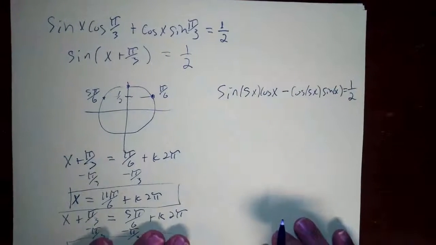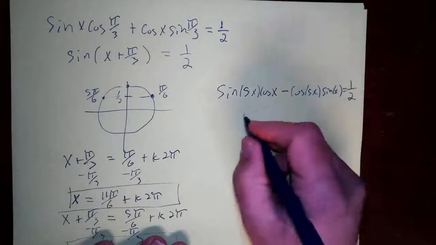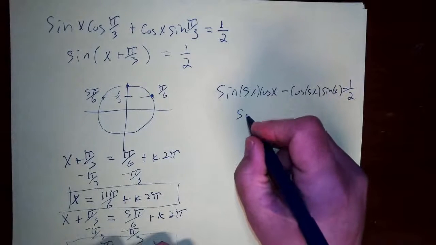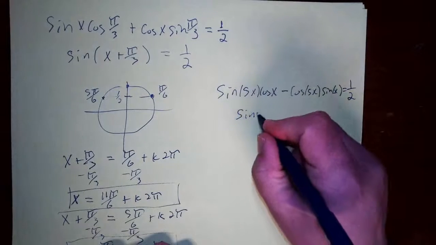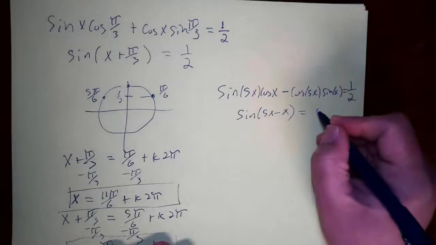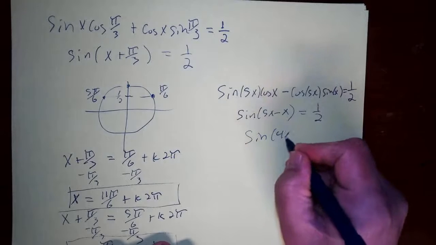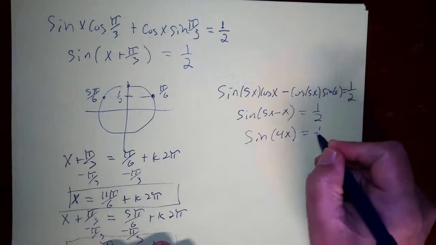I don't think I need to solve this whole thing, but the point here is this is the sum difference identity. This time it's a difference. It would be sine of 5x minus x is equal to 1/2, and this becomes sine of 4x is equal to 1/2.